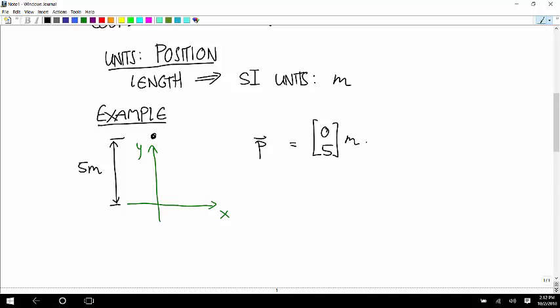Okay, and for position, the most common thing we have to do is come up with vector components for objects that are along these axes. It's not as common that you're going to know an angle and a distance and calculate the components, although you could do that if that was given.